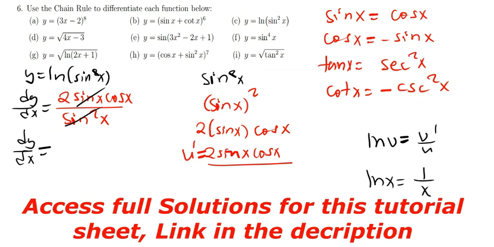So down I've got 1 sine, so I've got 2 cos x divided by sine x. So what is cos x divided by sine x? Is cot. Okay, sine over cos is tan, so this is going to be 2 cot x. That's the answer.